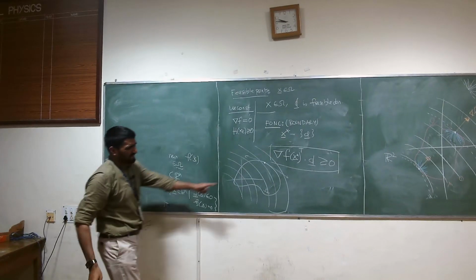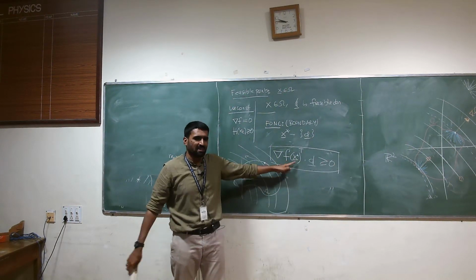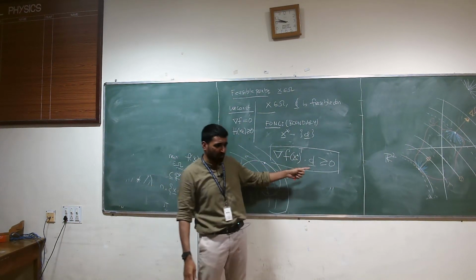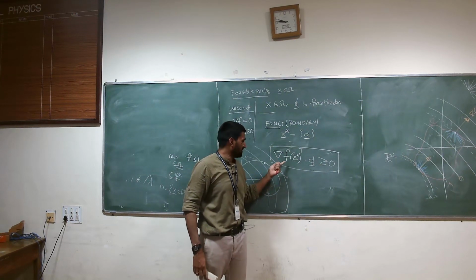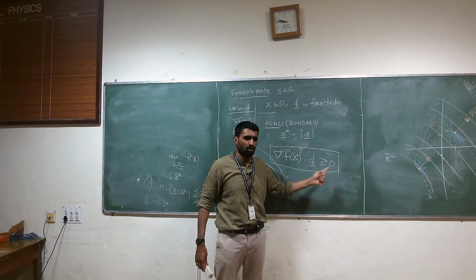It turns out this is actually a general condition. This is actually the most general condition. If you want to find out if a point is a minimum, then the inner product of the gradient of a function with all possible feasible directions should be greater than or equal to 0.